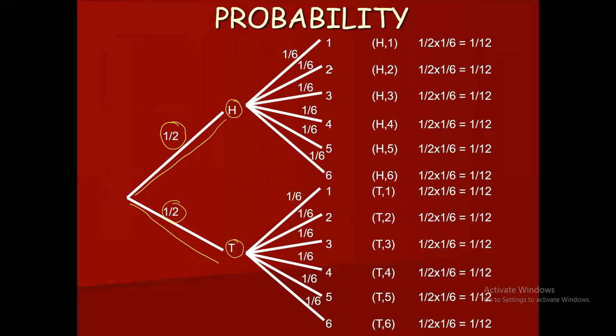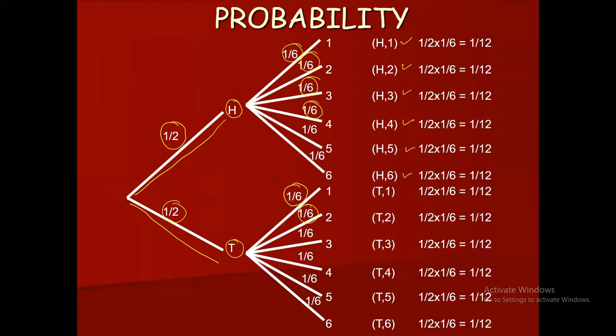There are 6 outcomes, 1, 2, 3, 4, 5, 6, each having probability 1 by 6. We will write down the probabilities at the middle of the branch. Now, the outcomes of the experiment are H1, H2, H3, H4, H5, H6, T1, T2, T3, T4, T5, T6.